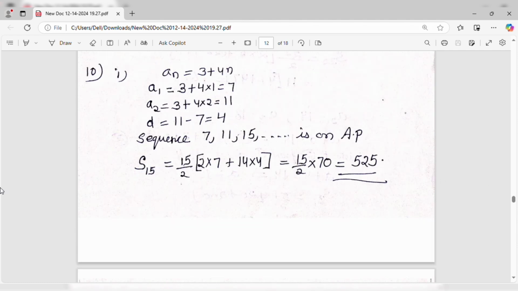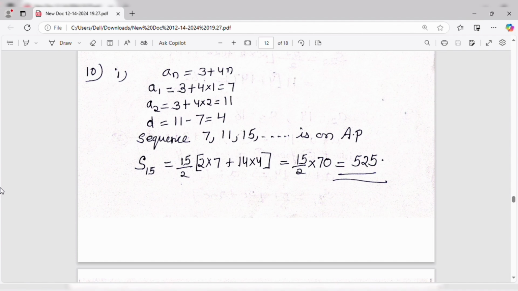Next, question number 10. In this question, we are given the equation of an and we are asked to find S15. For the first part, an is 3 plus 4n. Here we can substitute n as 1, 2, 3 respectively to get the AP. After putting n as 1, 2 and 3, we will get the AP as 7, 11, 15 and so on.